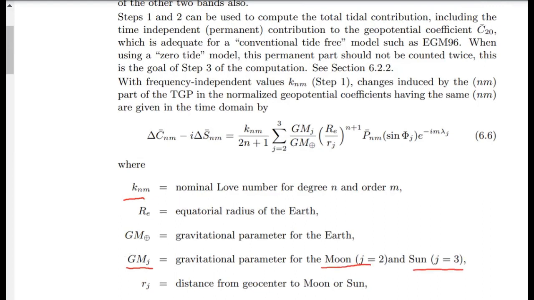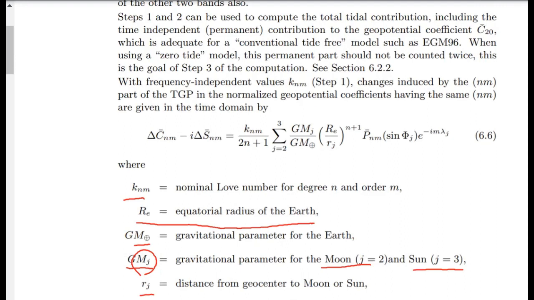So M_j is the mass of the moon or sun, and G is the gravitational constant. GM with the sign is the gravitational parameter of the Earth, and M is the mass of the Earth. Then R_e is the equatorial radius of the Earth, and R_j is the geocentric distance of the moon or the sun.